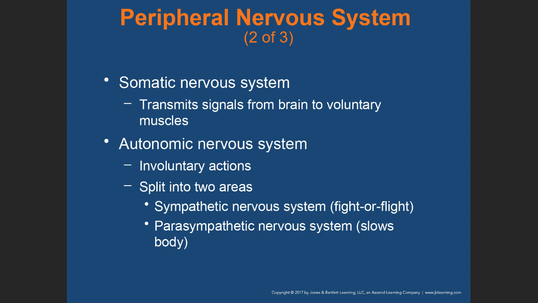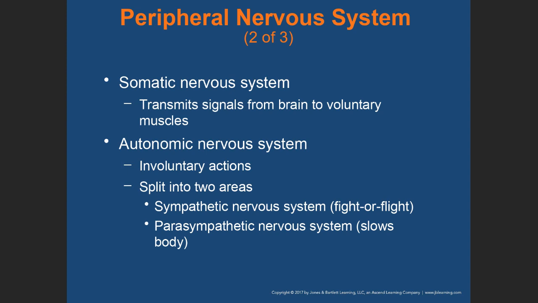Now, the somatic nervous system transmits signals from the brain to the voluntary muscles. It is heavily influenced by the spinal nerves, and its primary role is coordinated movement of the limbs of the body.